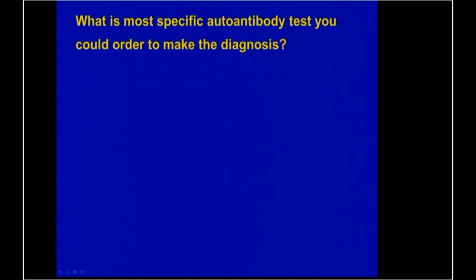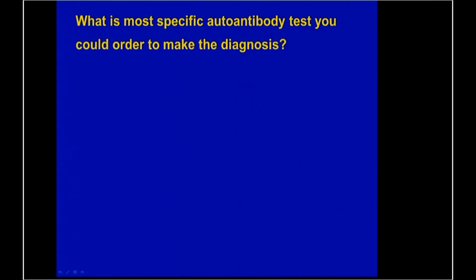What is the most specific antibody test you could order to make the diagnosis? What does it mean? You have your patient in the clinic, you suspect systemic lupus with some of the criteria. Then what is the test that you need to order? And it should be very specific. Which one? We have two very specific serology tests.